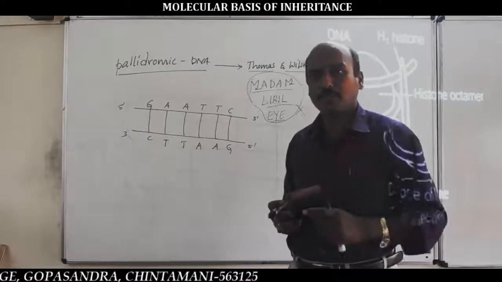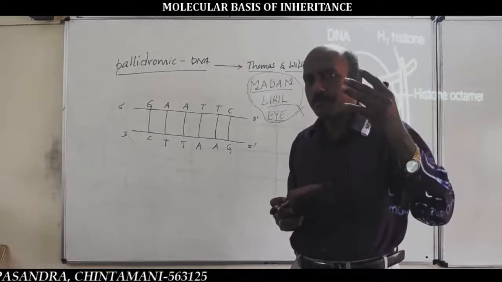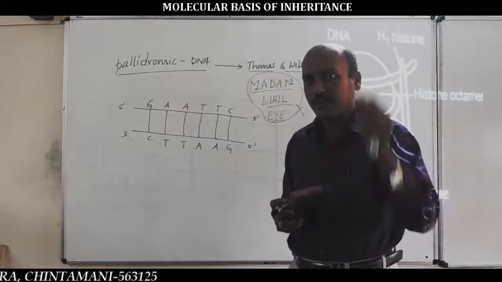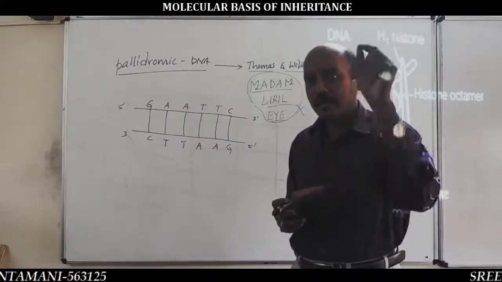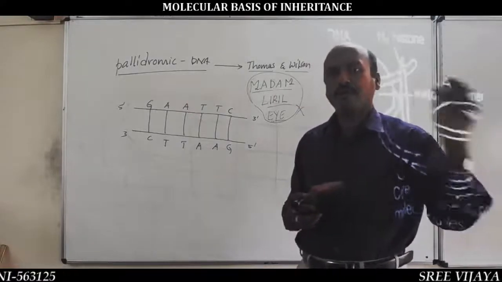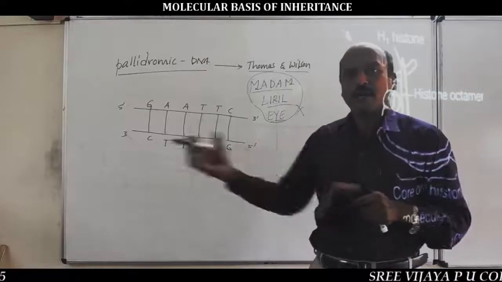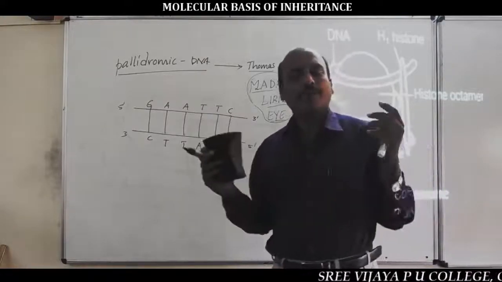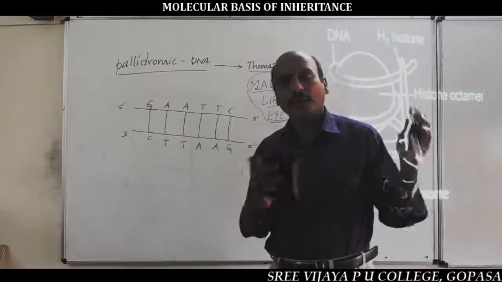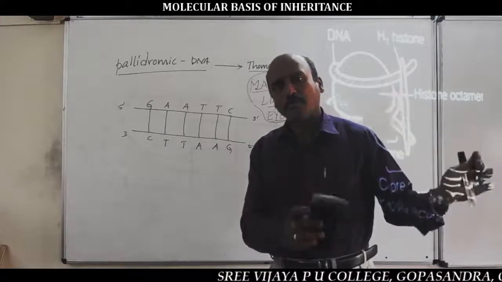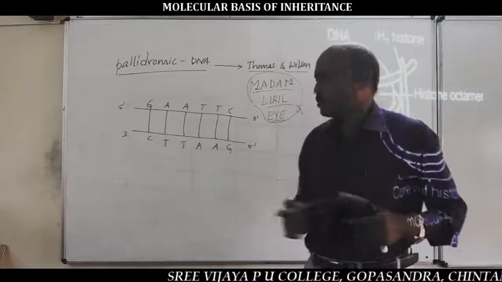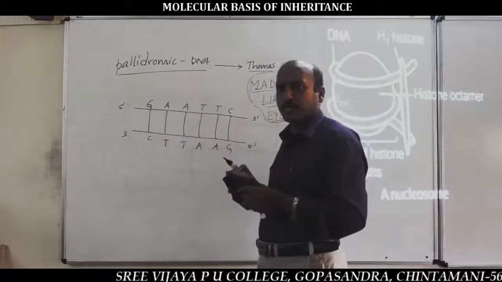But the most expected question: out of 4 different types of right-handed DNAs, B DNA is the Watson and Crick model of DNA. An example of left-handed DNA is the Z DNA found in microbes, some unicellular organisms. So these are all the different types of DNAs.